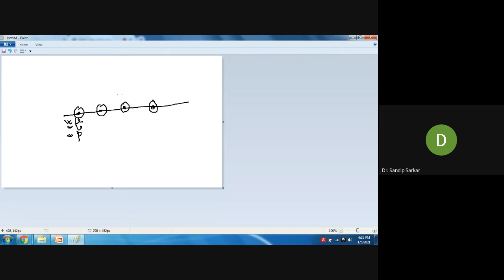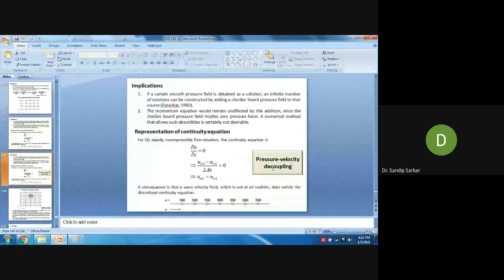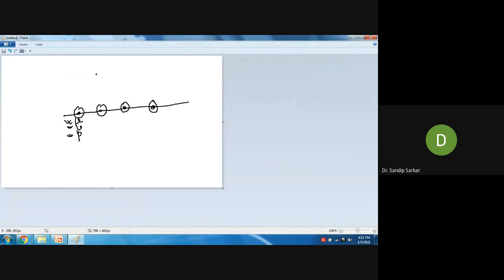Then what will be the possible remedy? This is creating pressure velocity decoupling. How can we avoid it? Can anybody answer this question?